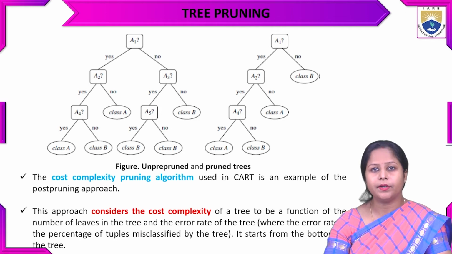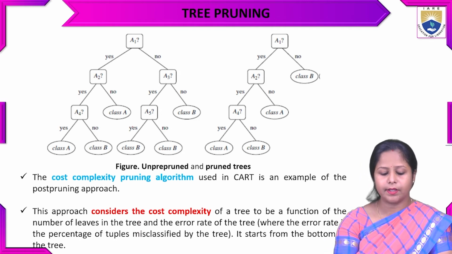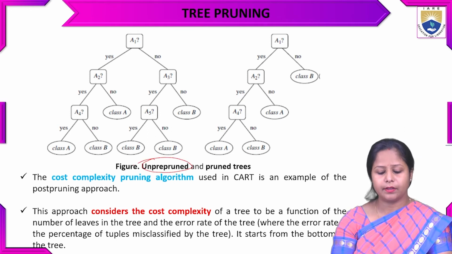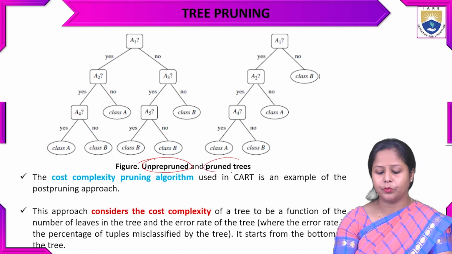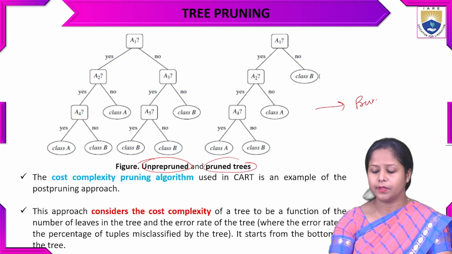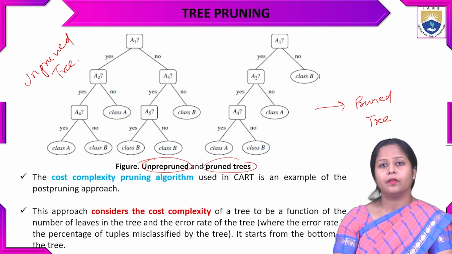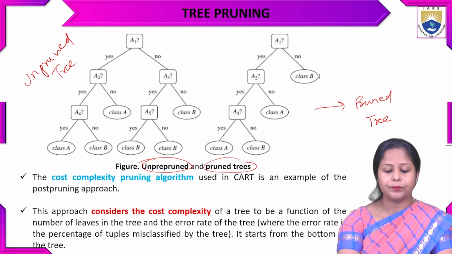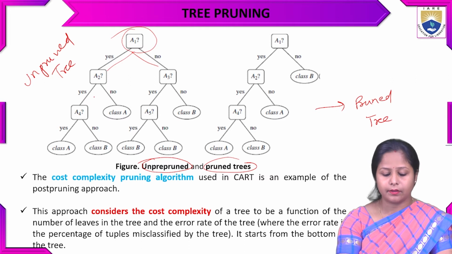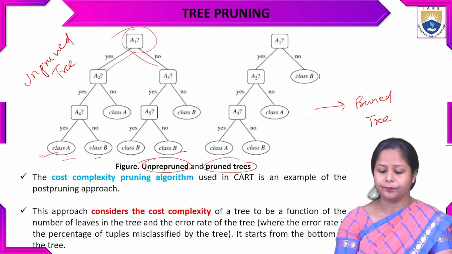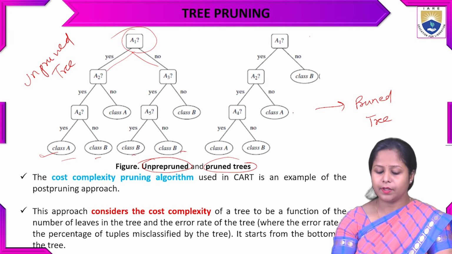So this is an example of tree pruning. There is an unpruned tree on the left-hand side and the pruned tree on the right-hand side. We can see the A1 node is at the top, and after that yes and no branches, and there are many classes at the last level: class A, B, A, B, B. In the pruned tree, we don't have as many classes.